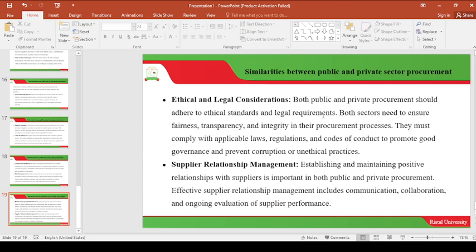Then is supplier relationship management. Establishing and maintaining positive relationships with suppliers is important in both public and private procurement. Effective supplier relationship management includes communication, collaboration, and ongoing evaluation of supplier performance. So managing suppliers is done in both the private and the public sector because you need to have more information regarding your supply chains.